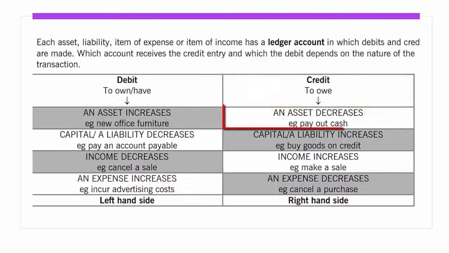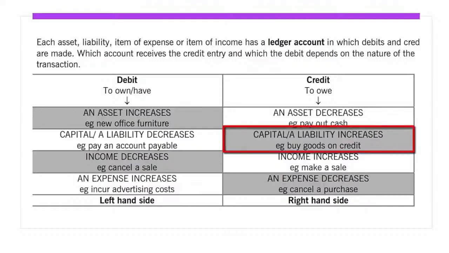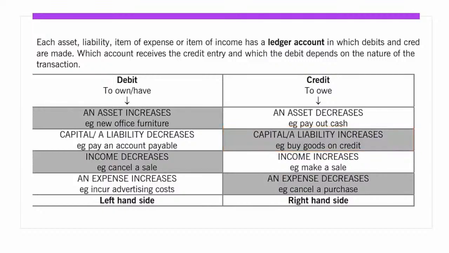1. An asset decreases. For example, if you pay cash for something, your cash decreases. This would be recorded on the credit side. 2. A liability or capital increases. If you buy goods on credit, your liabilities increase, so you would record this as a credit. 3. Income increases. When you make a sale, your income increases, so you record this on the credit side. 4.